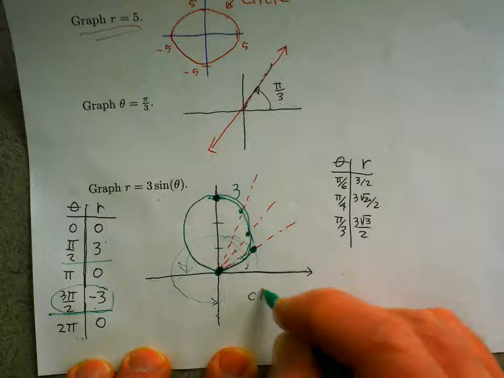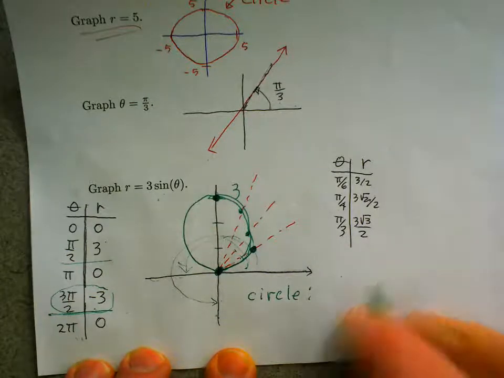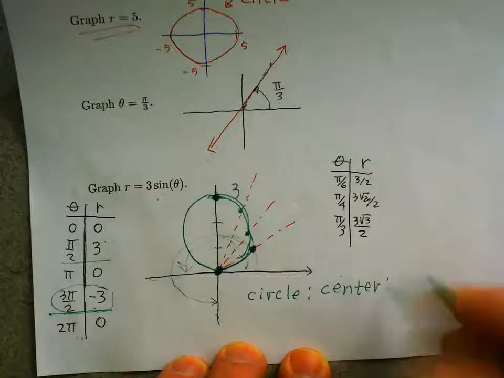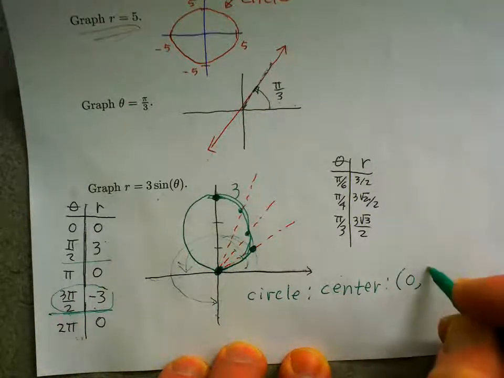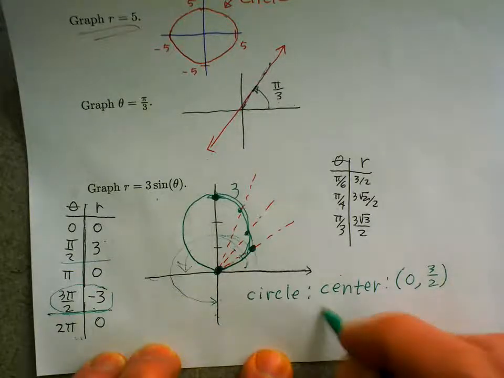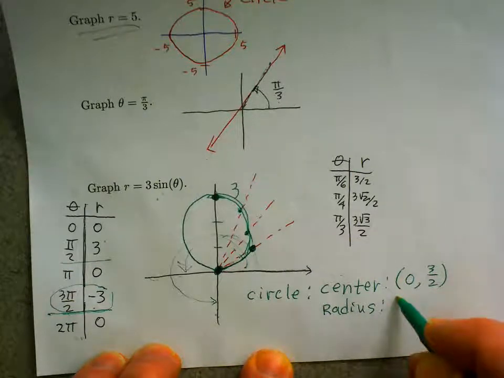The circle has center at (0, 3/2) and the radius is 3/2.